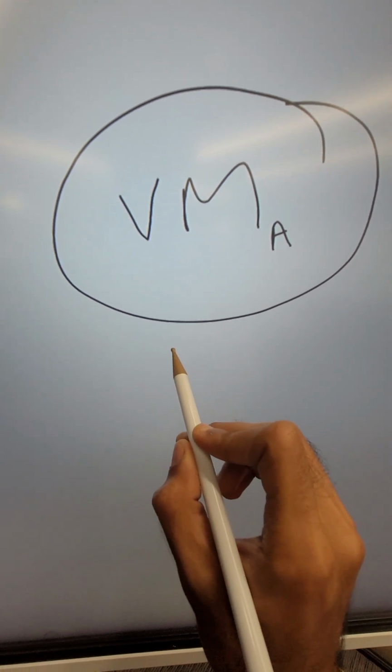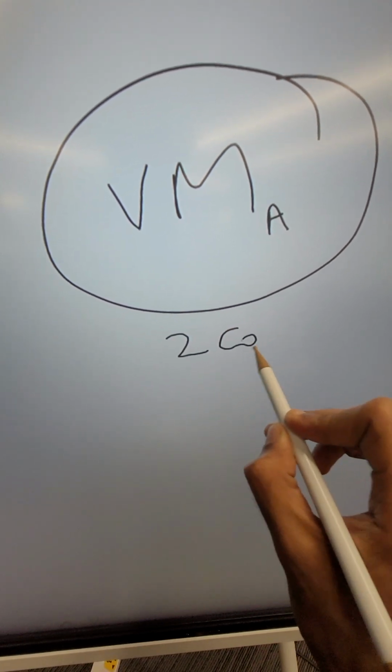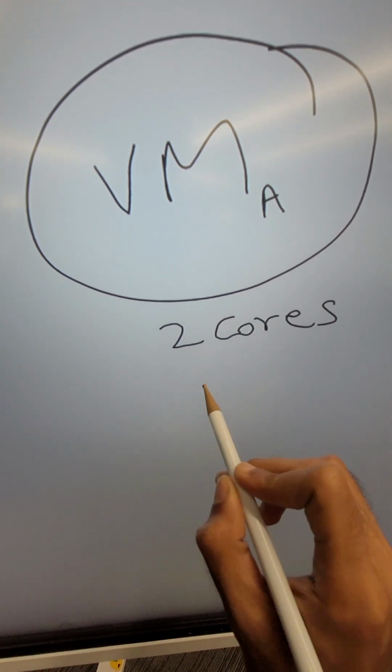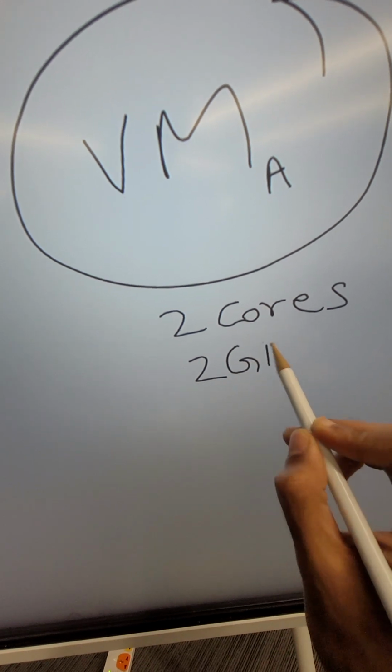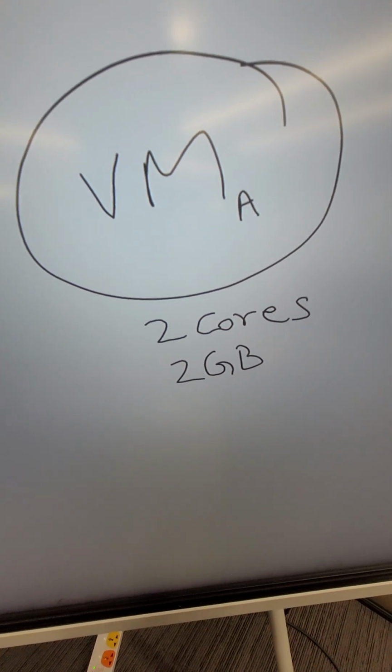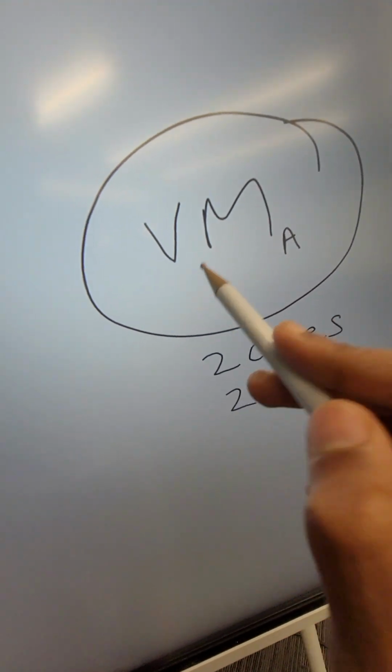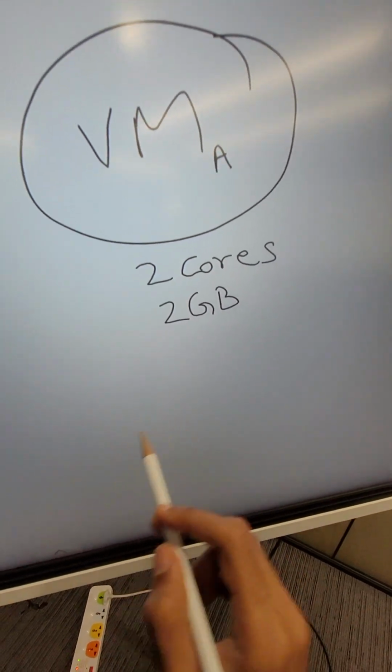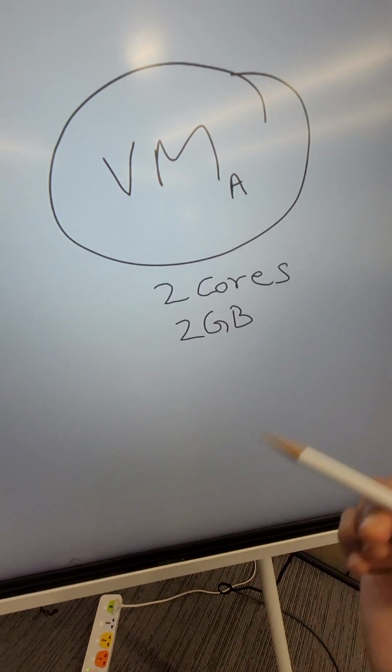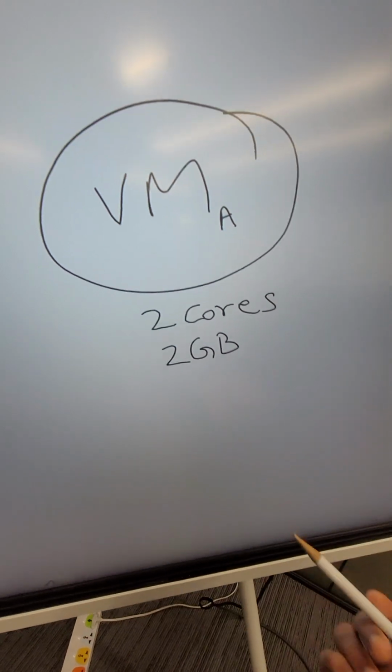Let's say this has 2 cores CPU and 2 GB RAM. Now you want to scale this up, because the application running in this VM needs 4 cores and 4 GB of RAM. Now what do you do?